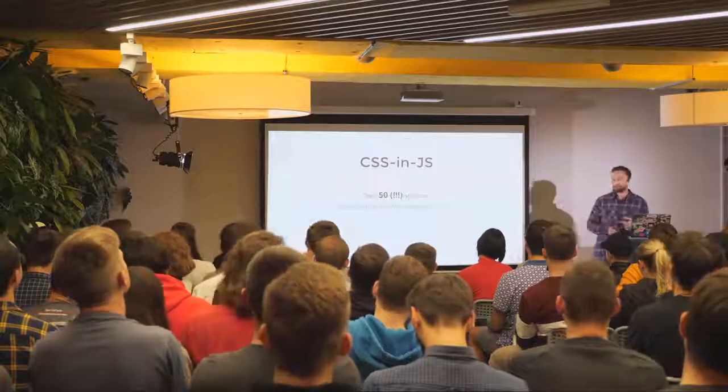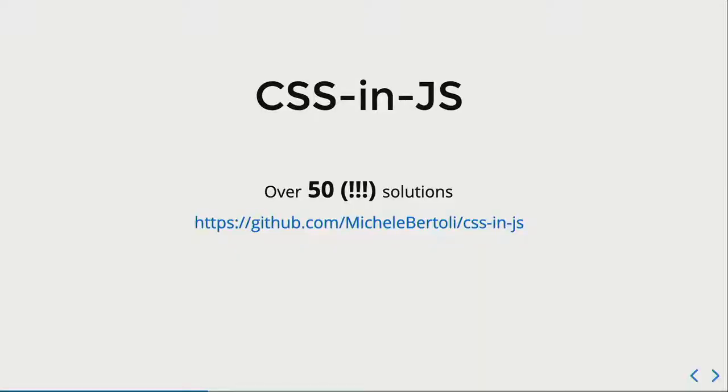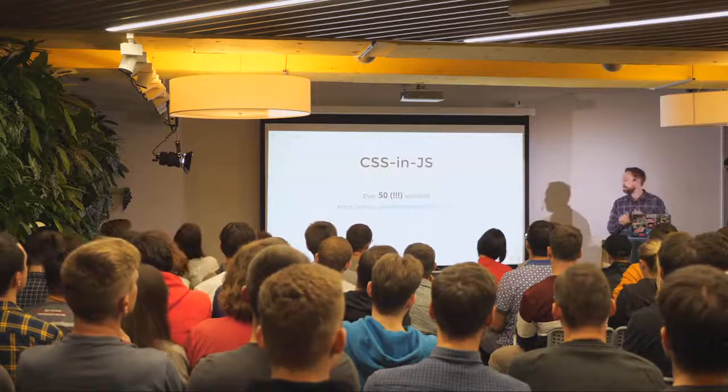Because of this, we now have over 50 different solutions, according to this link, with different metrics and comparisons of performance for CSS in JS. You probably know about this topic, heard of it before. Personally, for me, it never clicked, and I have 3 issues with this approach.